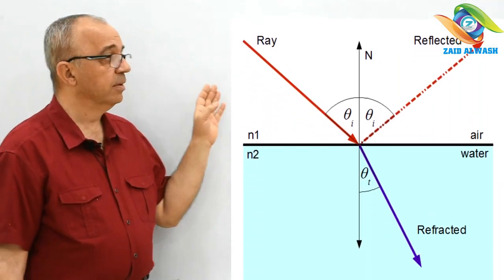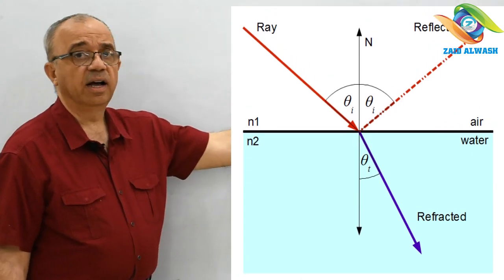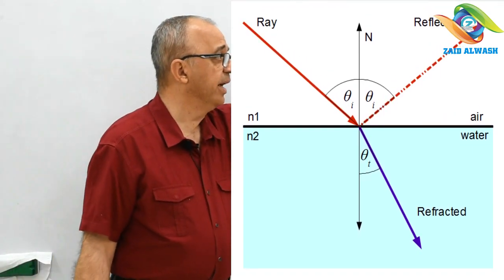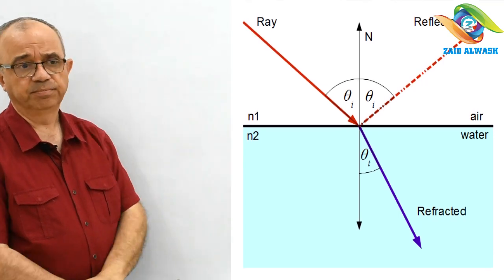When we want to study reflection, we must know the reflection laws. As you see in the figure, the first law: the incident ray, the reflected ray and the normal, all of them are in the same plane.